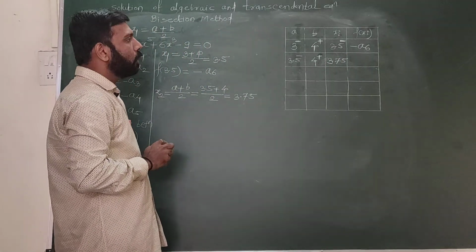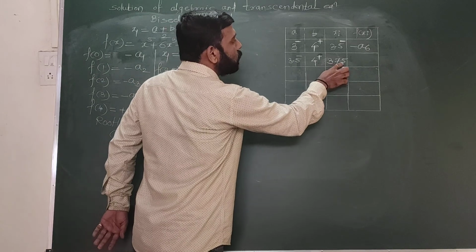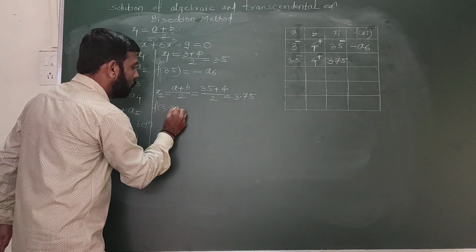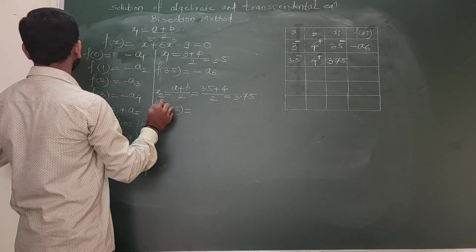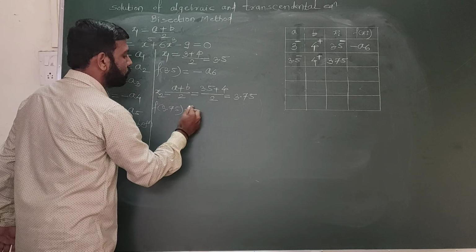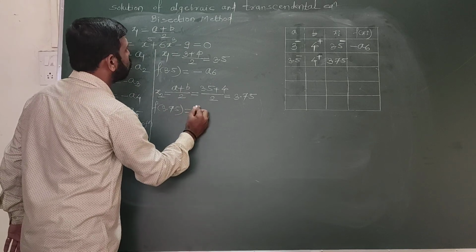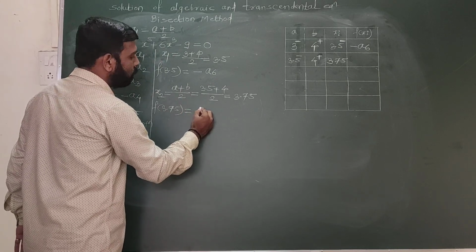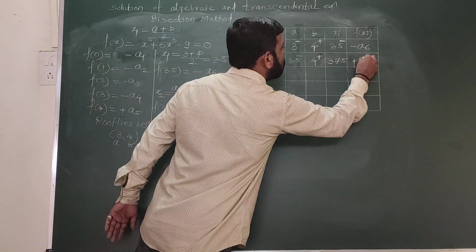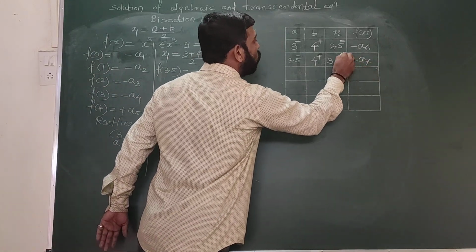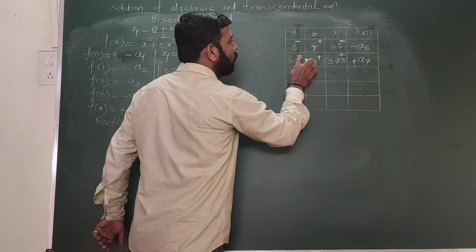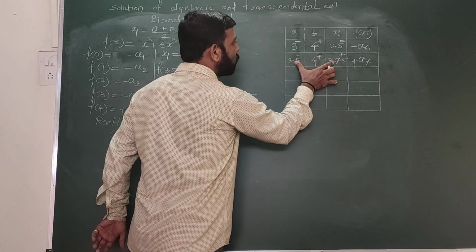Again we require the symbol for this 3.75, so substitute this 3.75 in the polynomial. Suppose I am assuming that value is plus A7. Give this plus symbol to 3.75, and this minus, these are the two opposites.